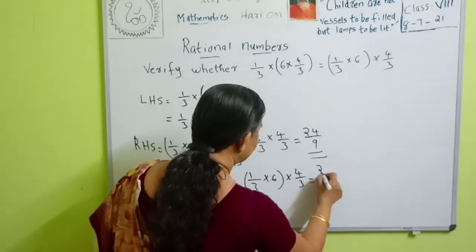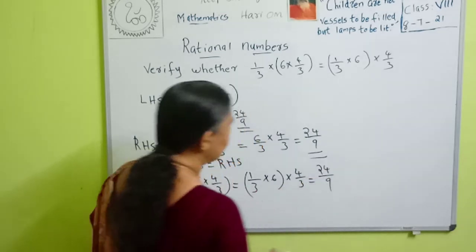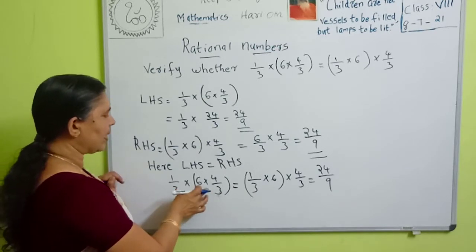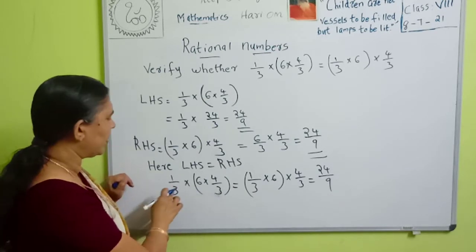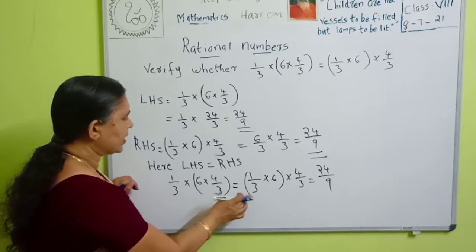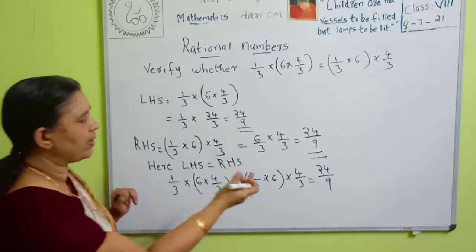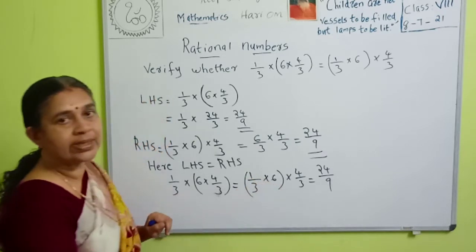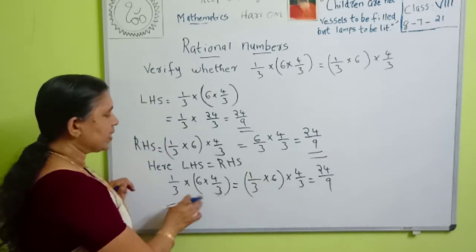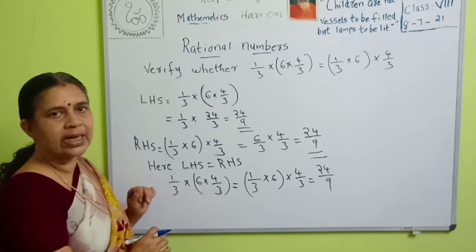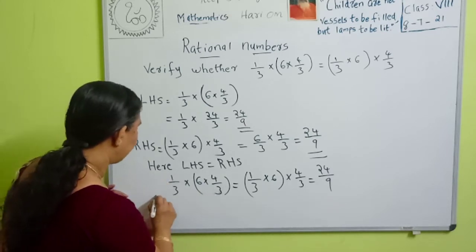Both the answers are the same, 24/9. Therefore, if we first multiply 6 × 4/3 and then multiply by 1/3, or first multiply 1/3 × 6, the numbers in the bracket, and then multiply by 4/3, the answers are the same. If we change the order, the product remains the same. Hence we verified.